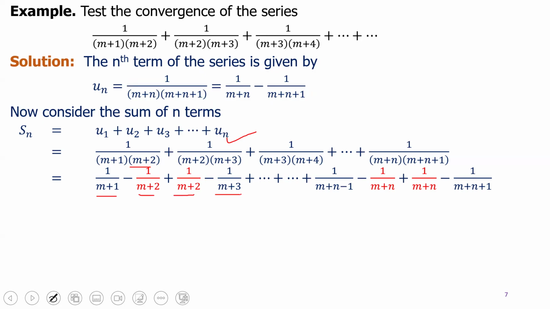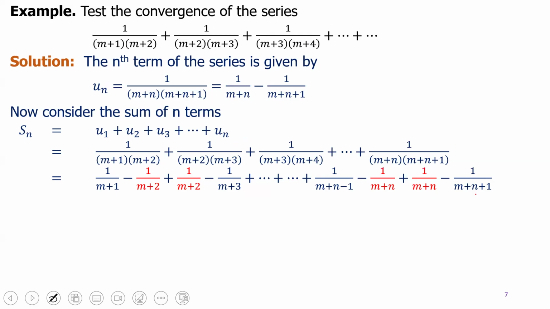Similarly, the last term can be written as 1 upon (m+n) minus 1 upon (m+n+1), and the previous term is 1 upon (m+n-1) minus 1 upon (m+n).